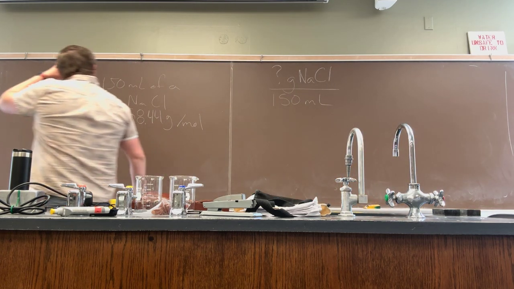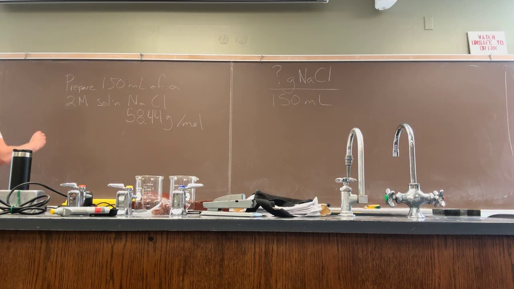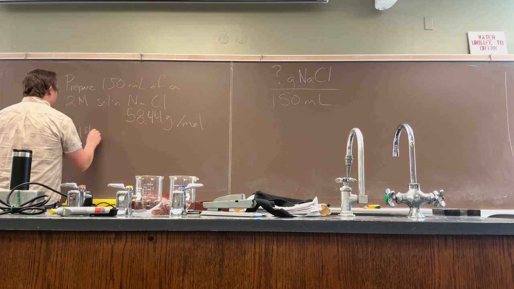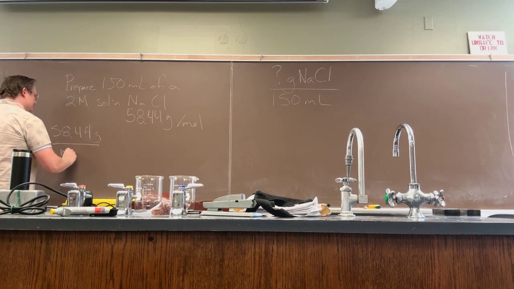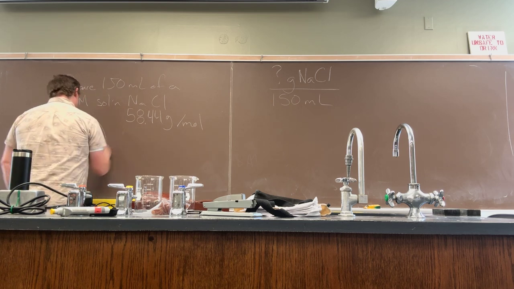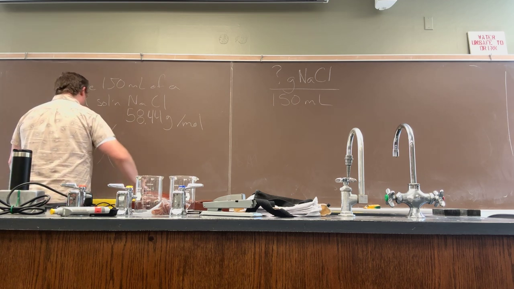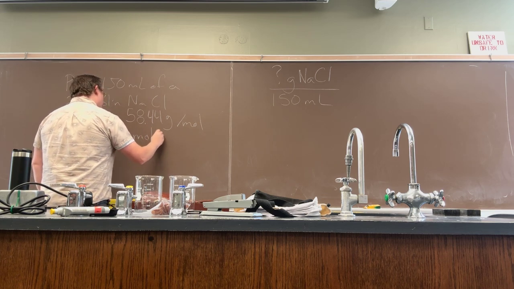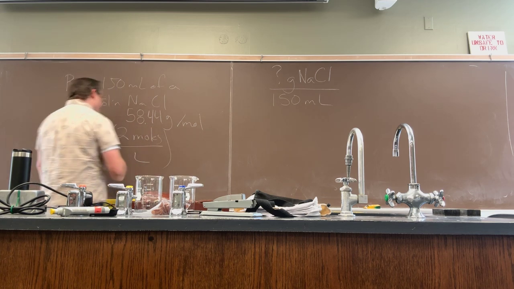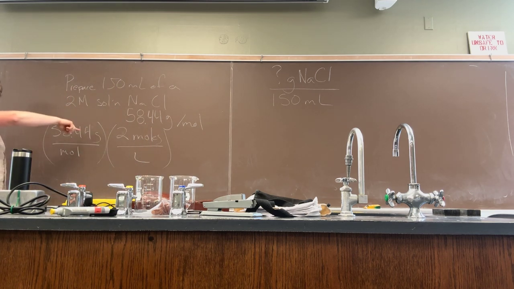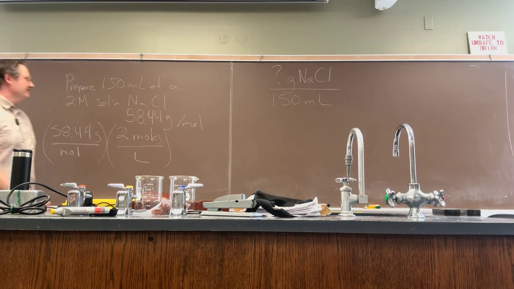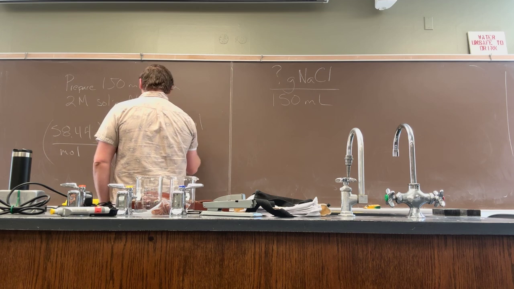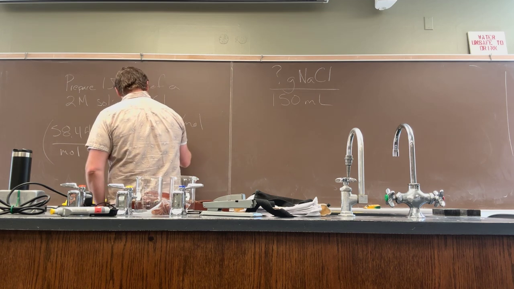So we've got 58.44 grams in every mole. There are 2 moles per liter. That's the definition of 2 molar: 2 moles per liter. And there are 150 milliliters per solution.